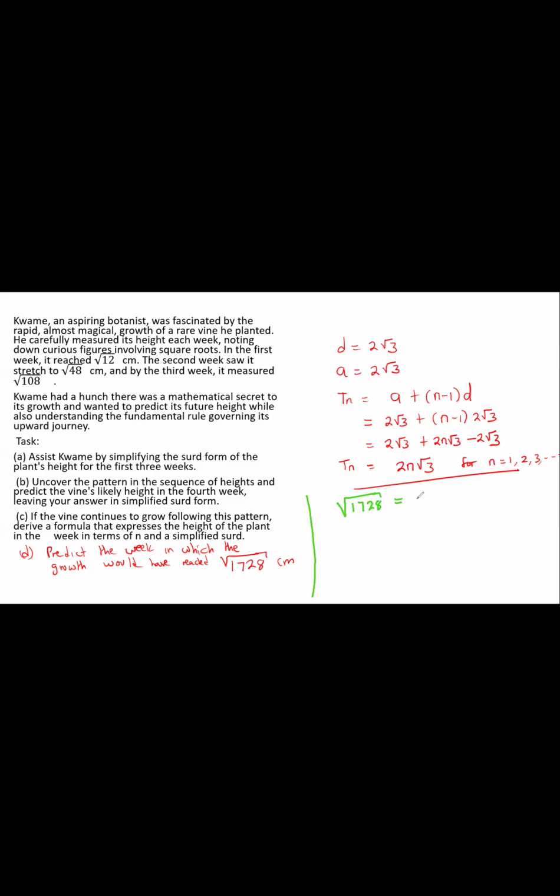In order for it to correspond with the formula we had come up with of the 2n root of 3, we divide it by 3 so that we can find what you multiply by 3 to become 1728. That will be root of 576 times root of 3.